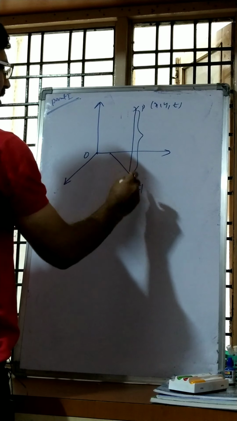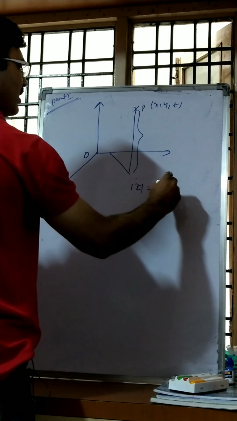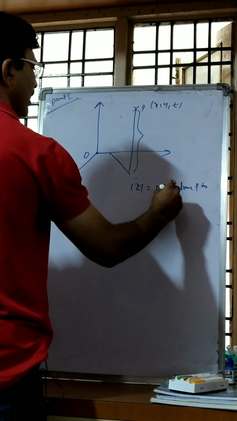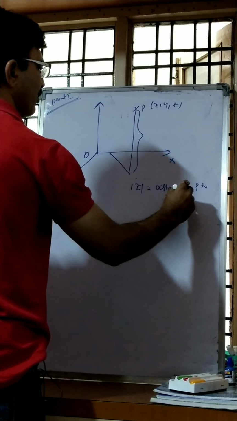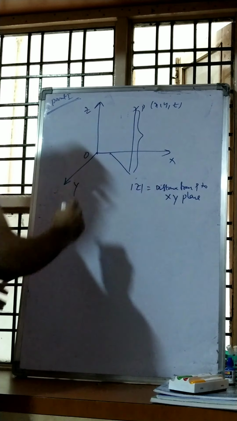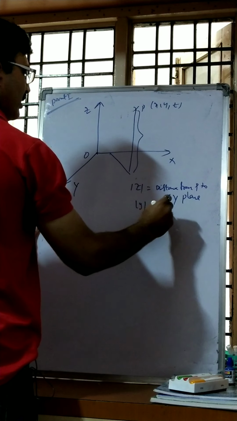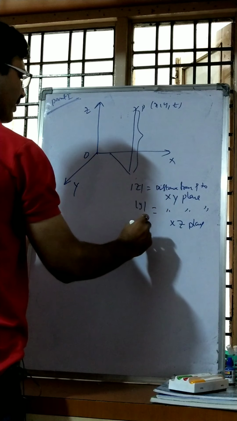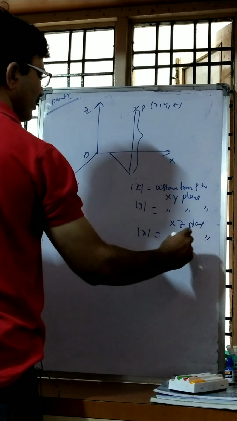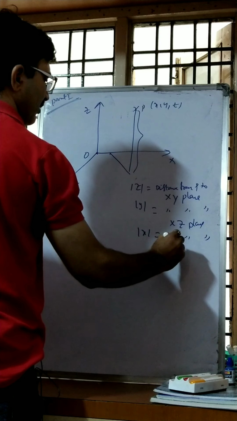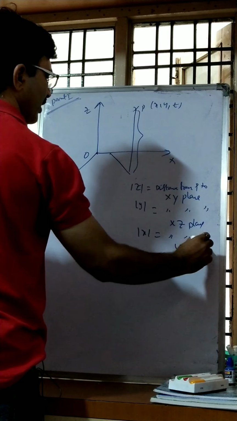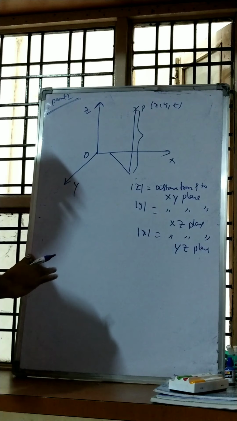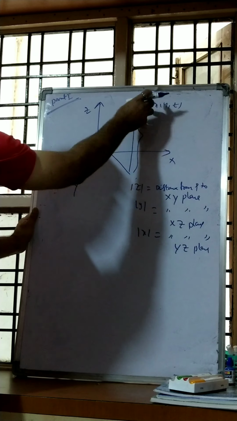It means the distance from P to the xy plane. Y is the distance from the xz plane. Similarly, x is the distance from the yz plane. These x, y, z are distances.